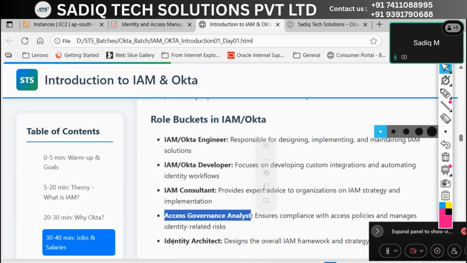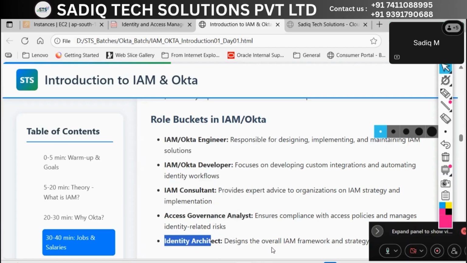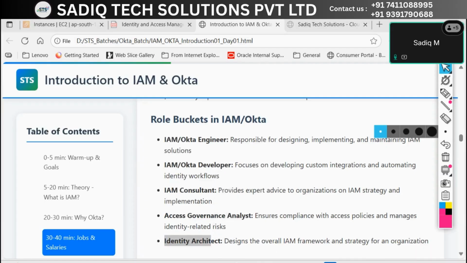And coming to the last position, identity architect, who will take care of the design of the overall framework strategy for an organization. Suppose we have an organization, Abu Dhabi Islamic Bank, a Middle East customer, and he wants to have all his applications.